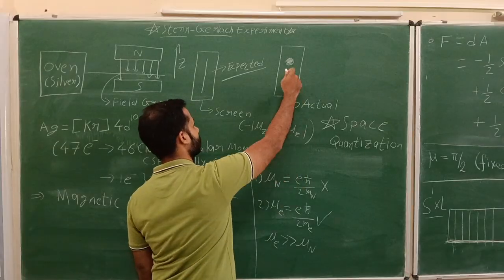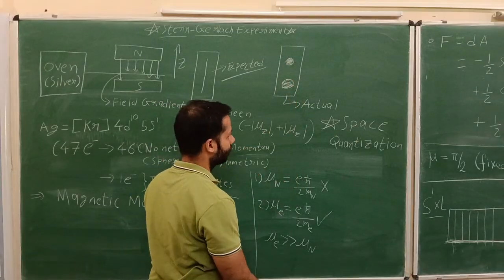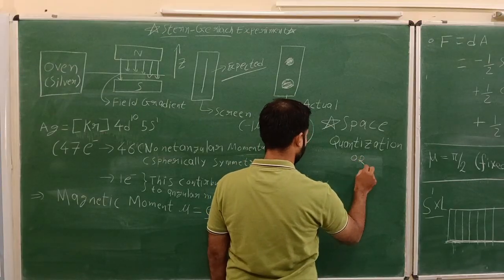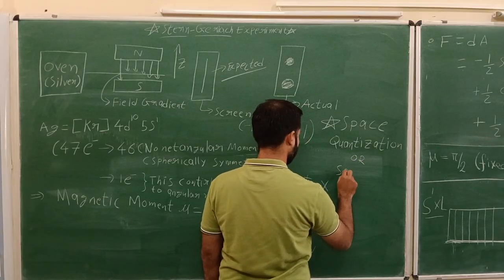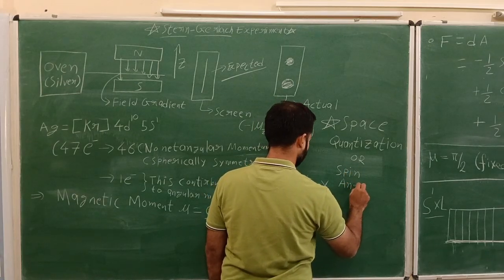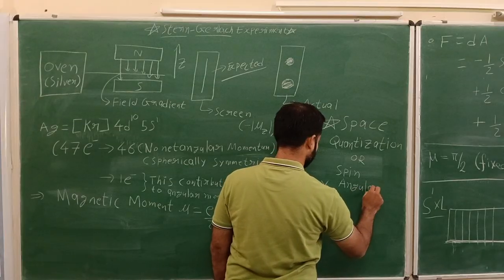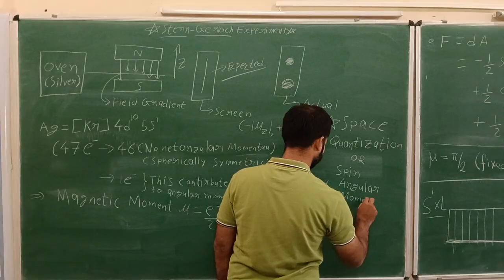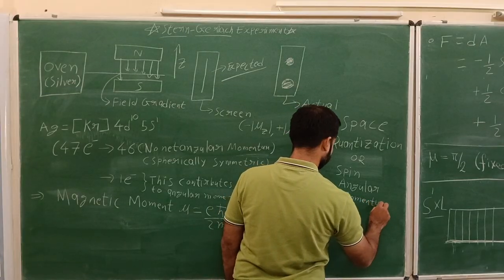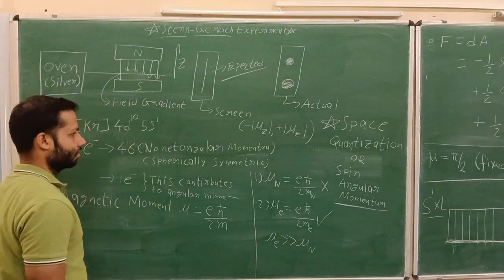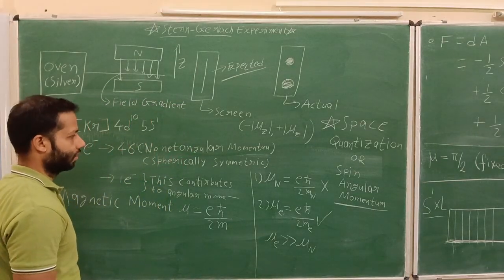Space is quantized, nothing exists in between, or this led to a term called spin angular momentum, which is famously just called the spin of an electron.